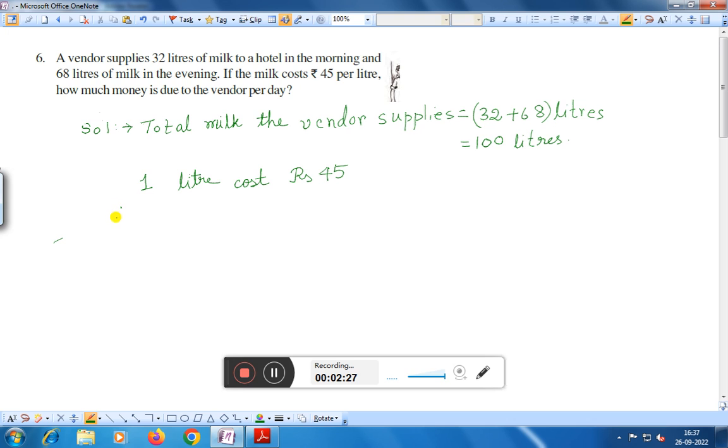Therefore, 100 liters cost rupees 45 into 100. Therefore, it is equal to rupees 4,500.